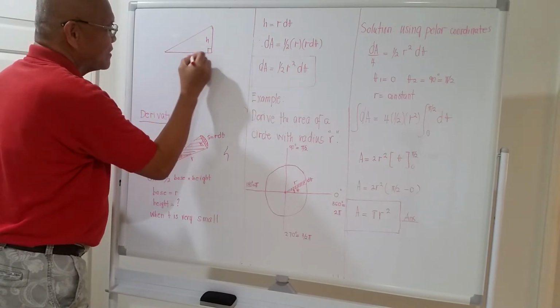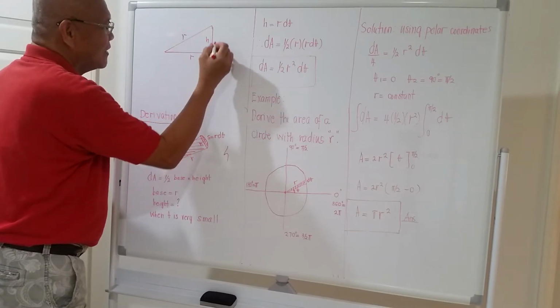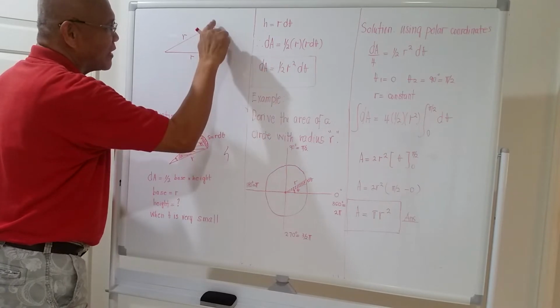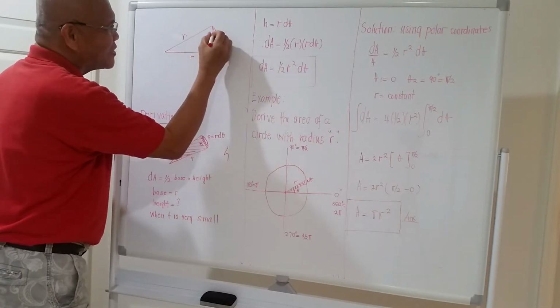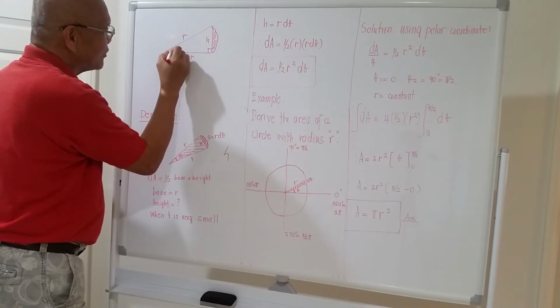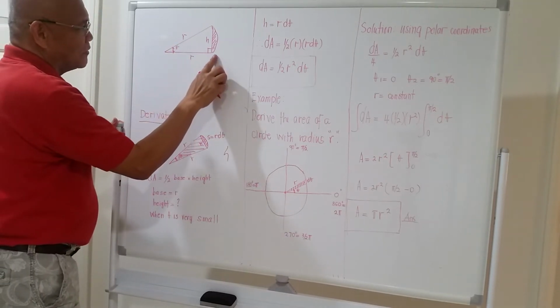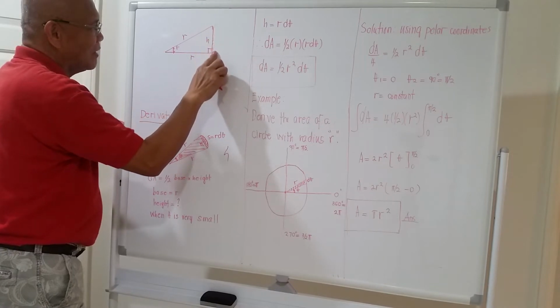This is h, this is r, this is r. Actually, the arch is here, okay? But I remove it because it was very small, minute, okay? This is actually the difference, okay? And this is actually differential theta. Discounting this one for the meantime because it is very small.